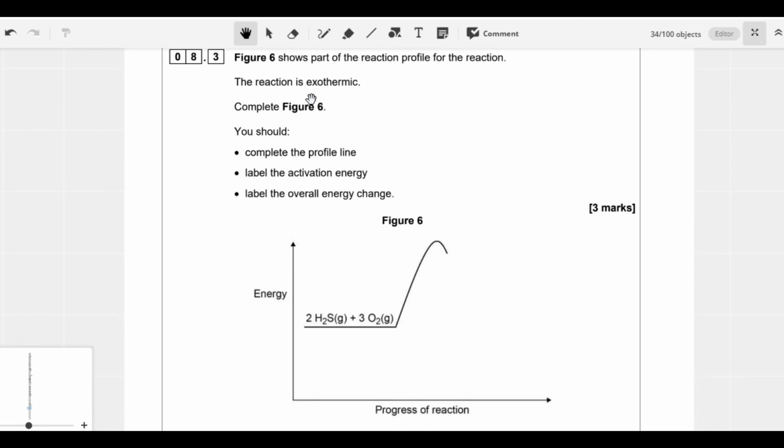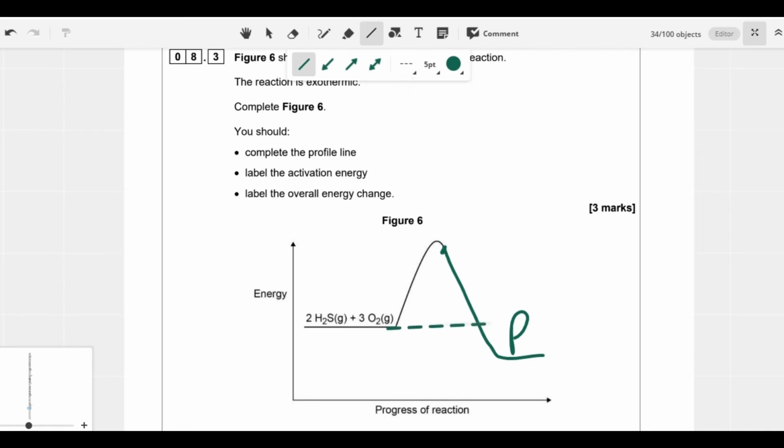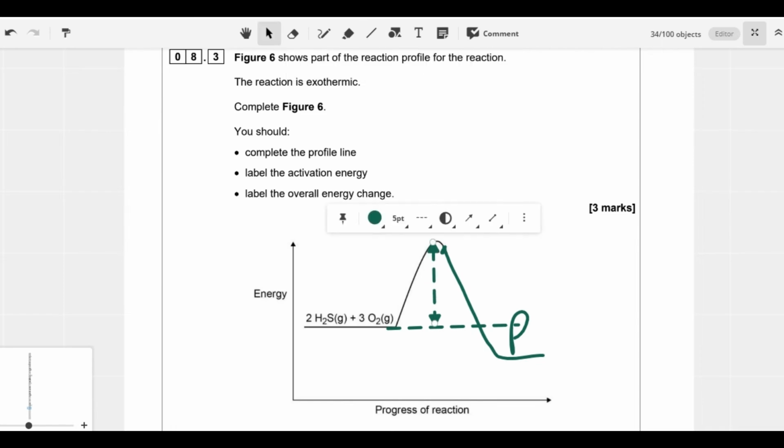For an exothermic reaction, the products should be below the reactants. So here it would be the products. And the activation energy, you can label here. I'm going to label the activation energy here.